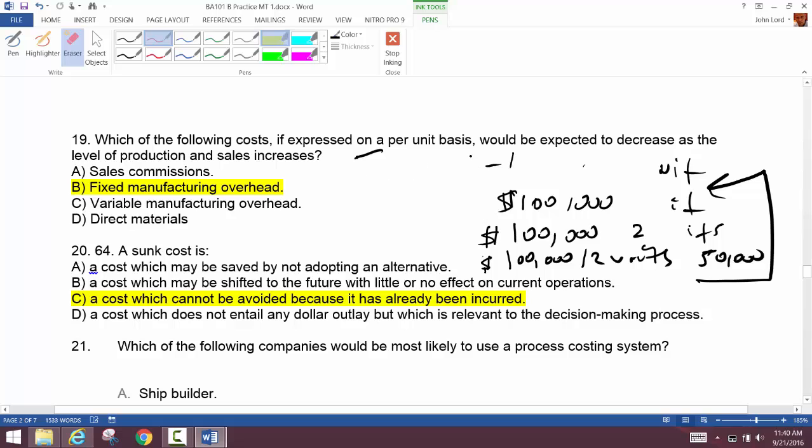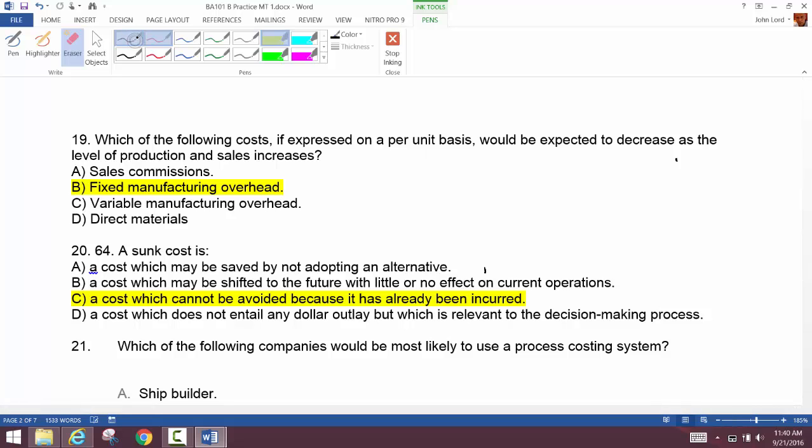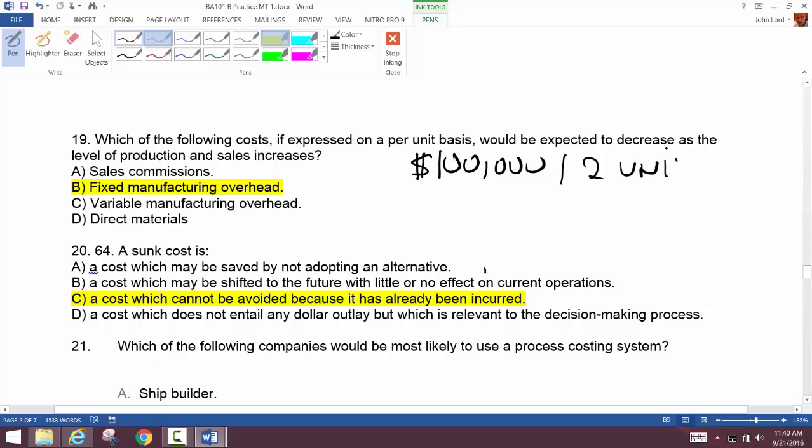Guys, you're not going to get a simpler thing like this here at Ohlone College, I don't think. Let me do it again. I've got $100,000 of fixed cost, and I'm producing 2 units. What is my fixed cost per unit?